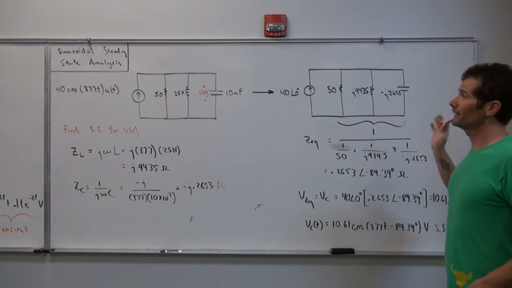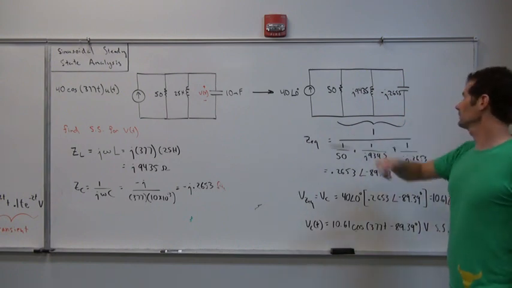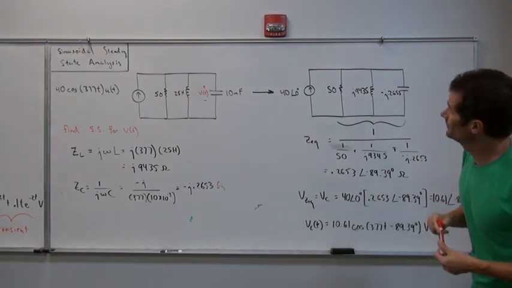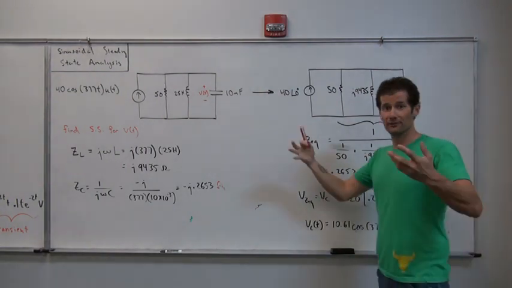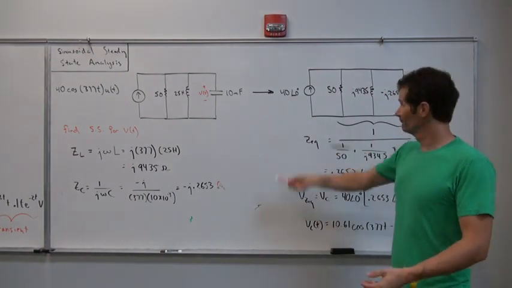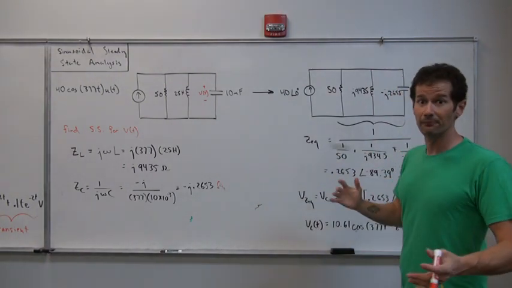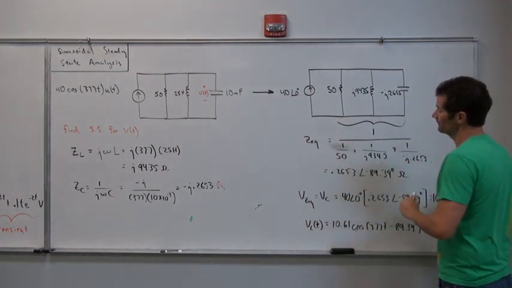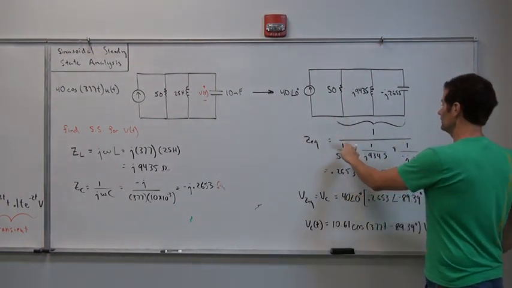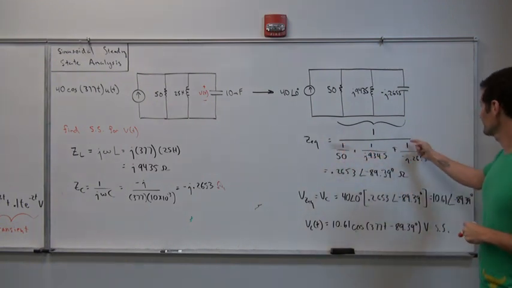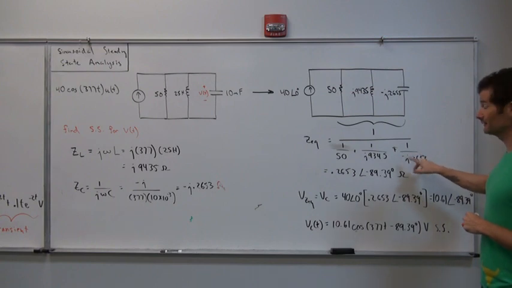We have 4 parallel elements, so we just combine them into their equivalent impedance. Then, just like with strictly resistive circuits, we multiply it by the current source, and we're done. Z_eq is equal to 1 over the summation of the reciprocals: 1 over 50 plus 1 over j9425 plus 1 over negative j0.2653.